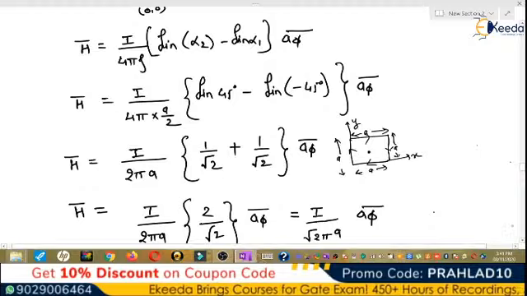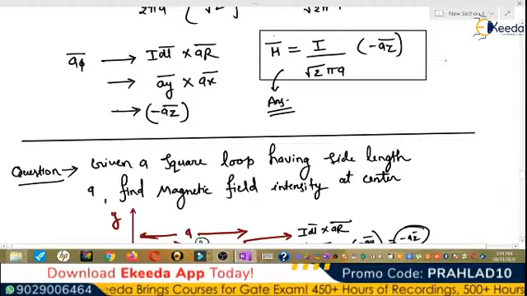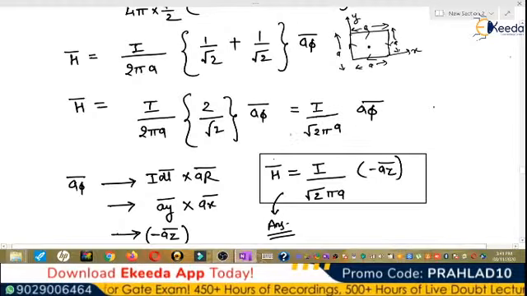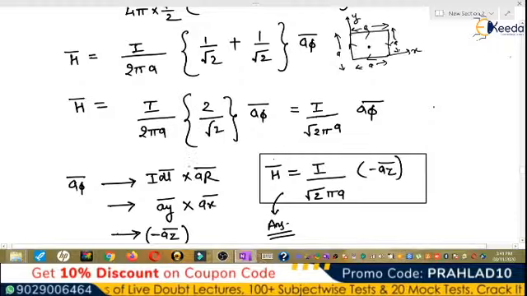So I by 2 pi a into 2 by root 2 a phi vector. So it is I by root 2 pi a, a phi vector. a phi vector is I dl vector cross aR vector. So it is ay cross ax, which is minus of az.